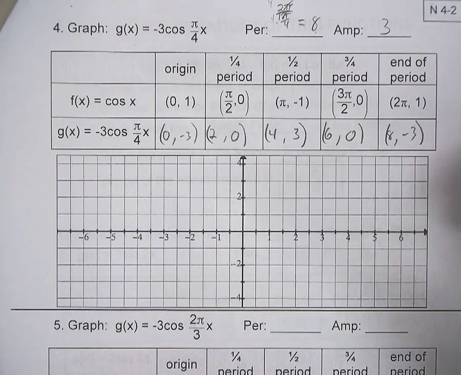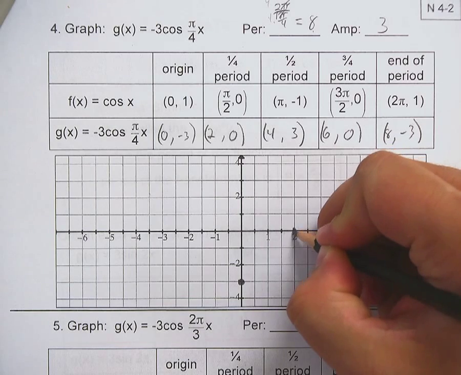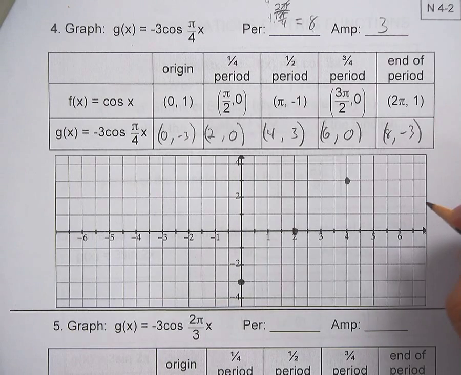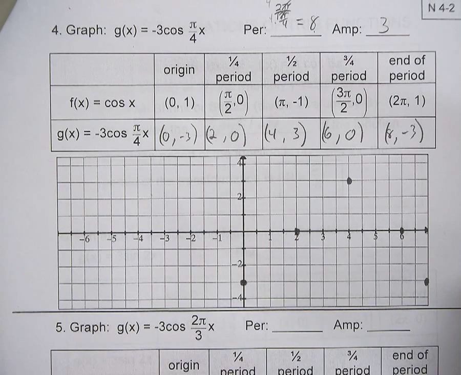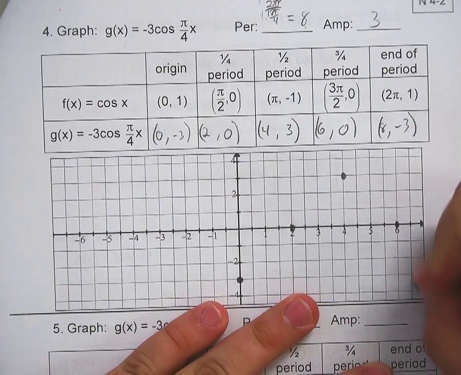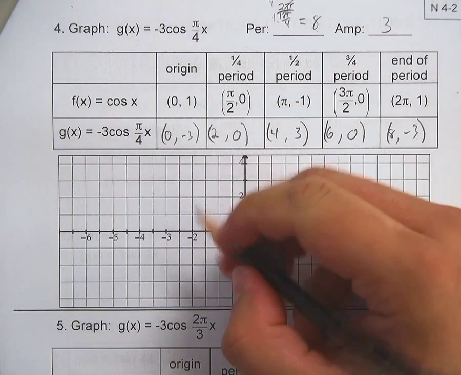Go through and plot your points. 0, -3, 2, 0, 4, 3, 6, 0, and then it'd go to 8, -3, right? There's your one curve. That's not 8. No, that's 7. So 8 is going to be off the thing. So now you can go the other direction as well. You can go to -2, 0.